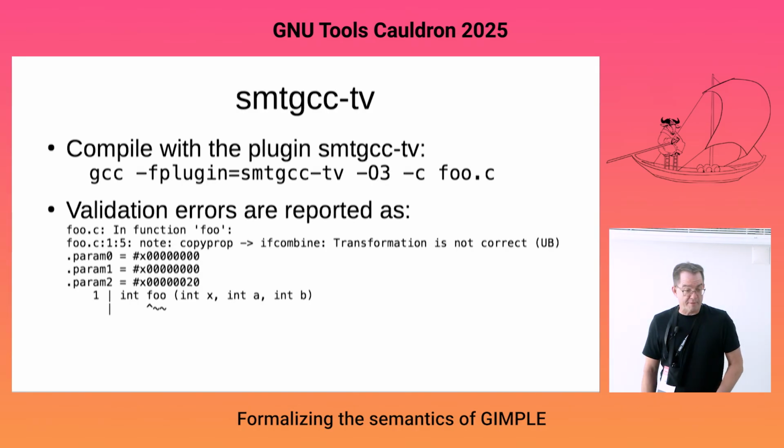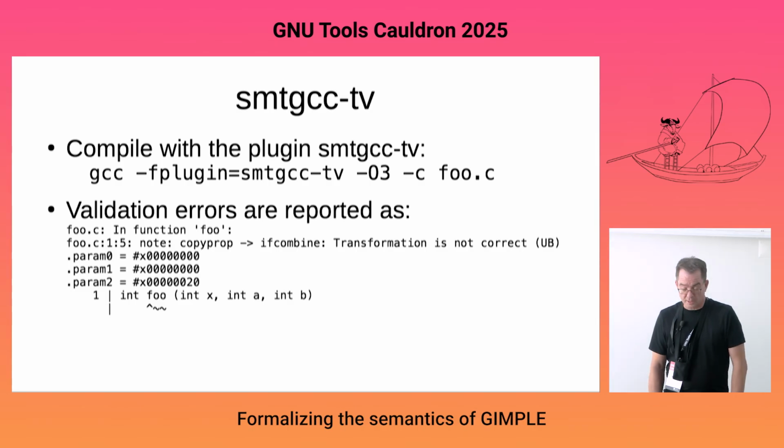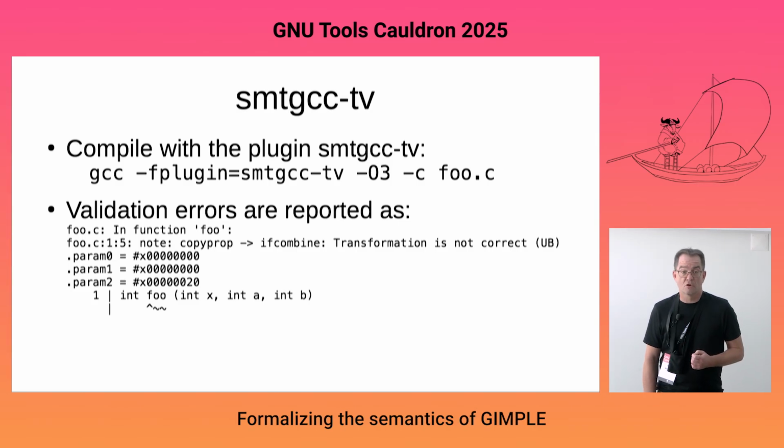So the most relevant part for this talk is the smtgcc TV plugin. You use it to compile your code as usual with GCC, and if it finds some problem where GCC has miscompiled your code, it gives an error.